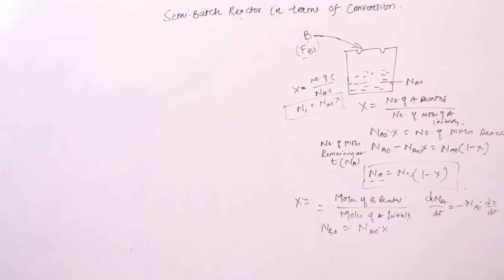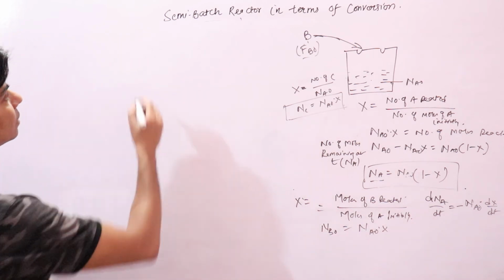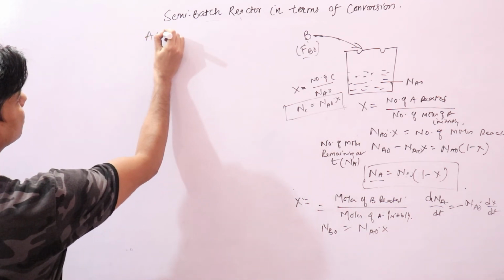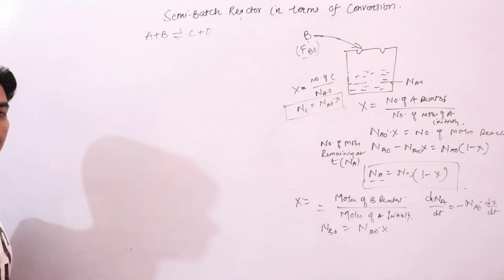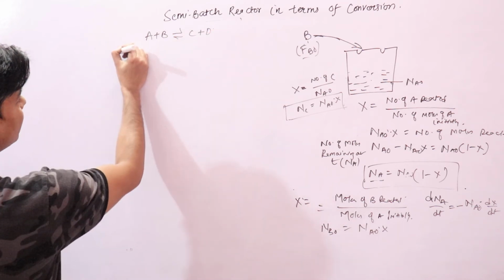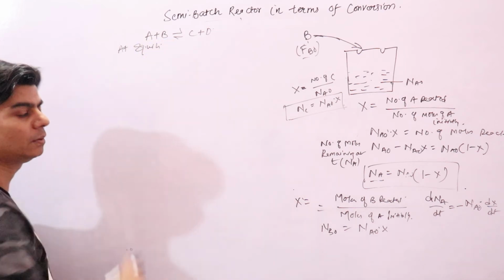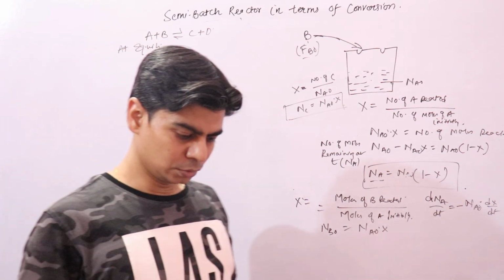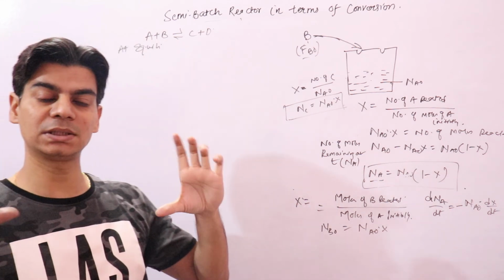For a reversible reaction in a semi-batch reactor, when will you get the maximum conversion? At equilibrium. When equilibrium is attained, you have maximum products, and the reaction is at equilibrium.